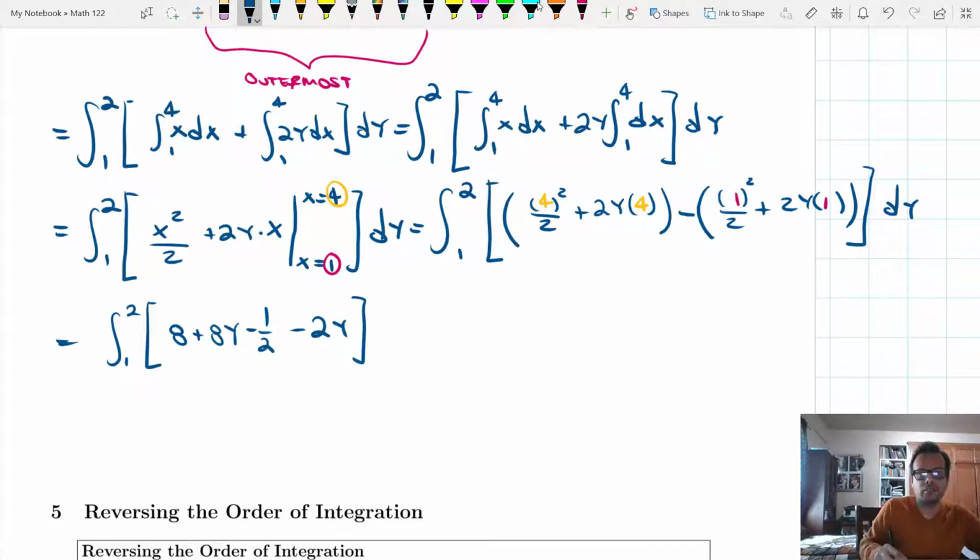All right, so from here, let's combine like terms. I'm going to combine the y's with the y's, and the constant terms with the constant terms. So let me do the y's first: 8y minus 2y.